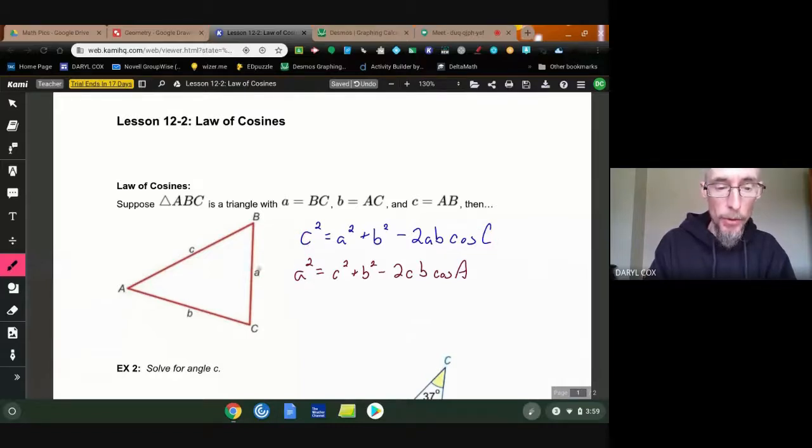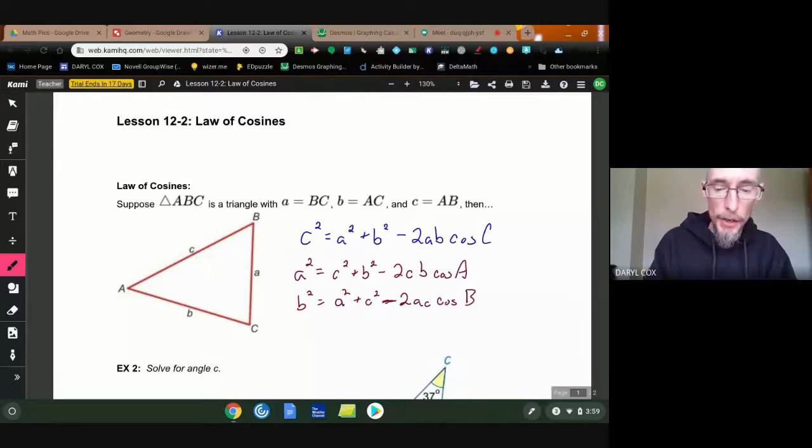The first time it was side c across from angle C; the second time, side a across from angle A. Whatever side is here, you use the opposite angle over there. So I could do this for b as well: b squared equals a squared plus c squared minus 2ac cosine of angle B.